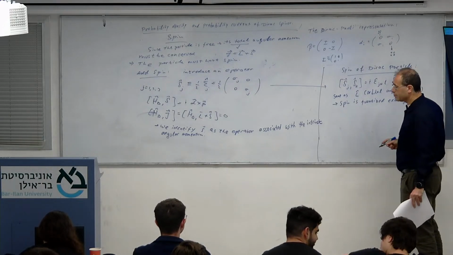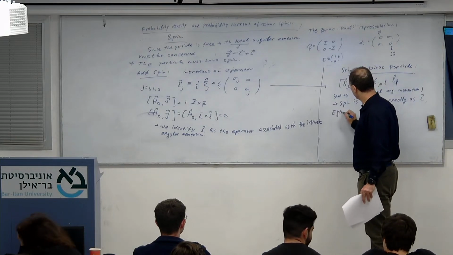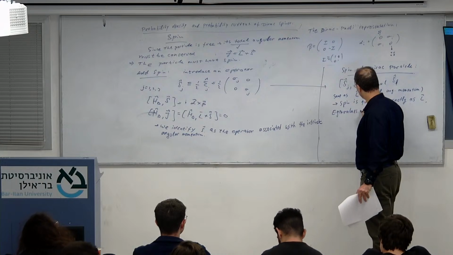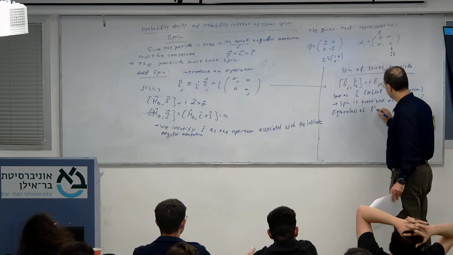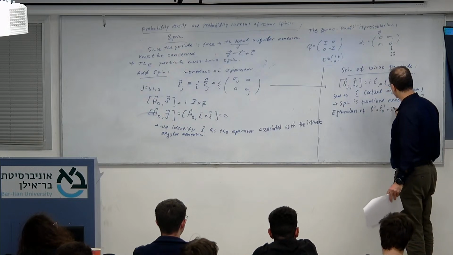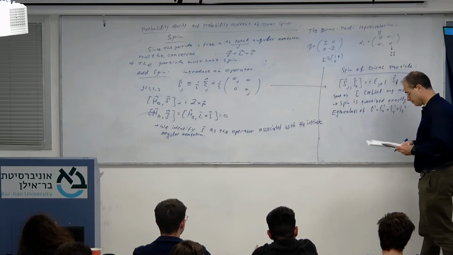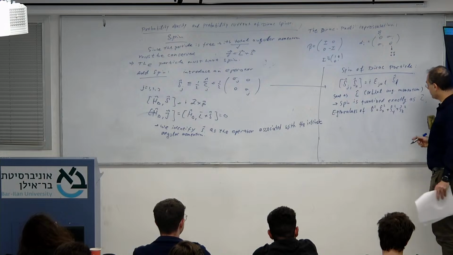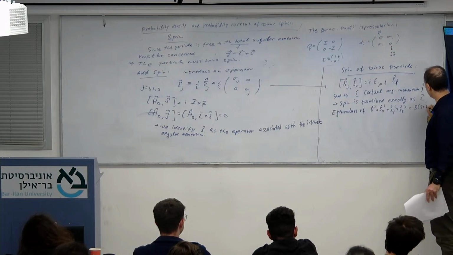Which means we have eigenvalues of S squared, which is Sx squared plus Sy squared plus Sz squared, equal to s(s+1).